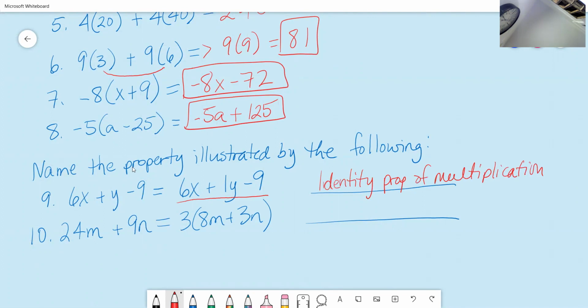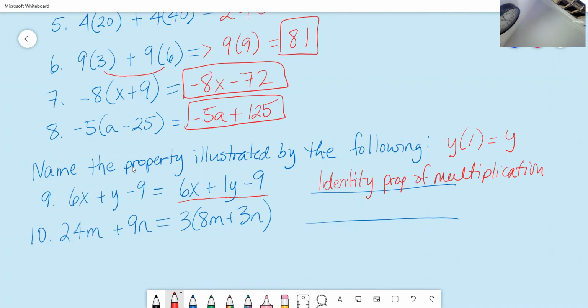Because what we know is that any number times 1 equals that number. And that's what you're seeing here. That's why we don't put a 1 in front of a variable. It is understood that the number in front of that variable is a 1.